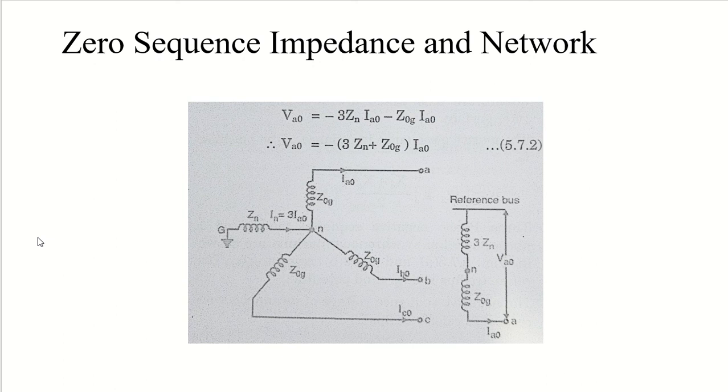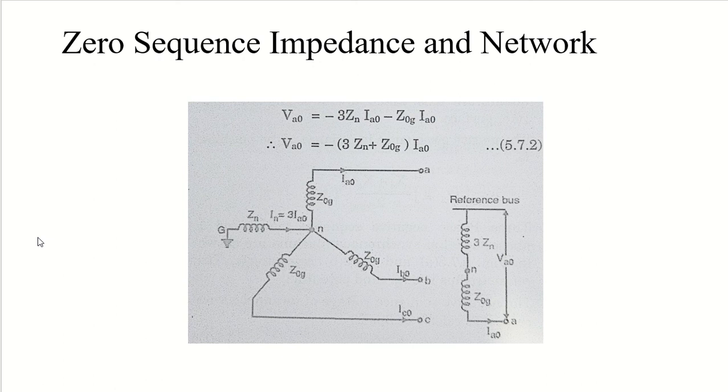Because of that, the resultant air gap flux will come to 0. And as my air gap flux is 0, the rotor winding will present zero sequence impedance only to my zero sequence currents.